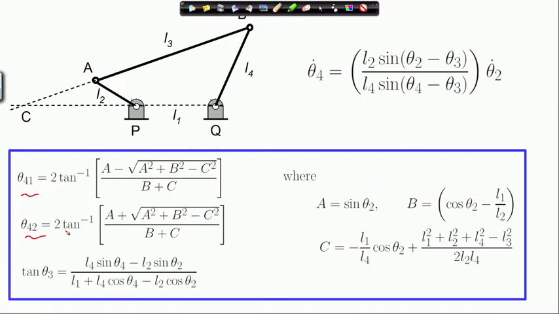There are 2 solutions of theta 4, and corresponding to those 2 solutions of theta 4 I can find the solutions for theta 3. Here A, B and C are completely known because I am assuming theta 2 is specified. So once I know A, B, C, I can find the 2 solutions of theta 4, from where I can also find theta 3.